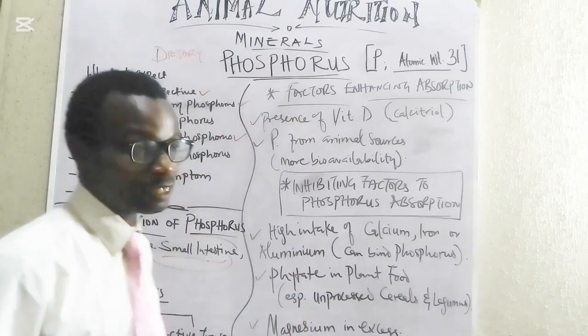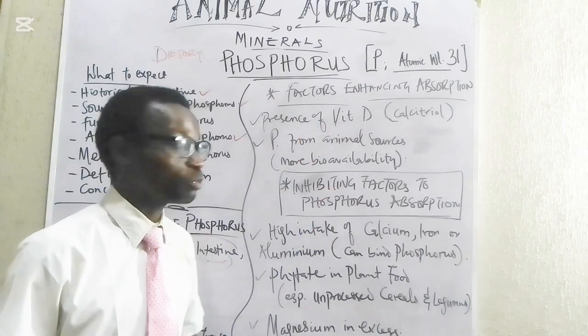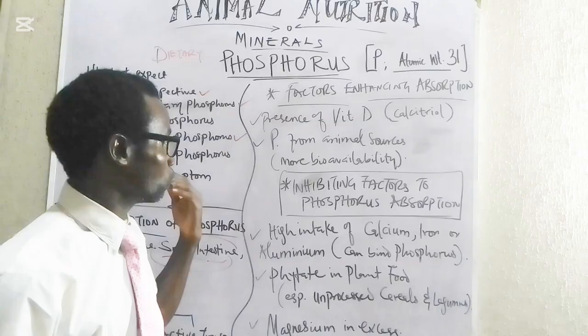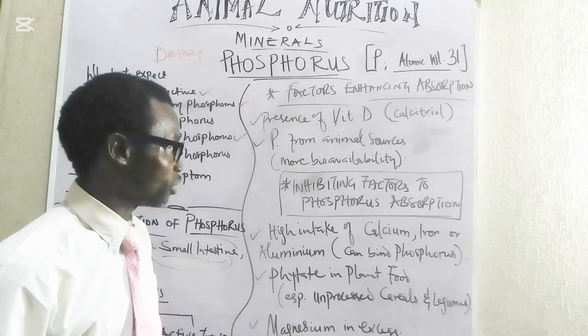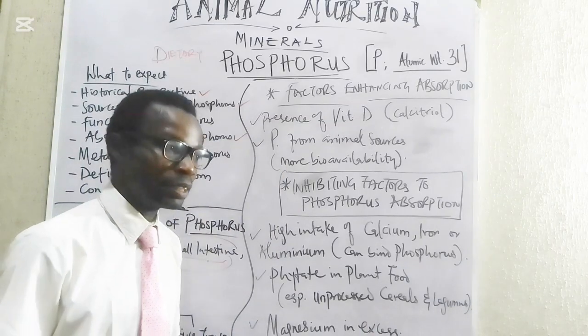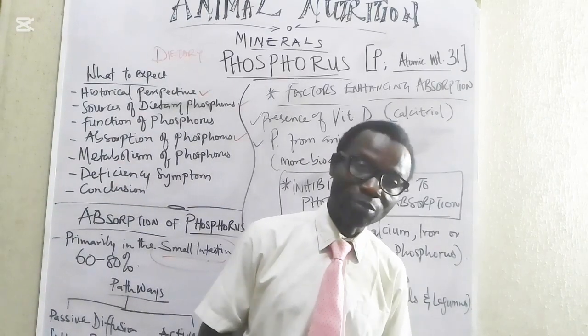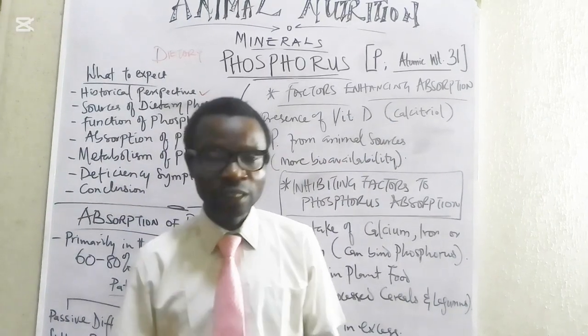Number one, like we said, for active transport, the availability of vitamin D, which is calcitriol. And then number two is phosphorus from animal sources because of bioavailability. There's something about animal sources for minerals and certain vitamins and even amino acids.